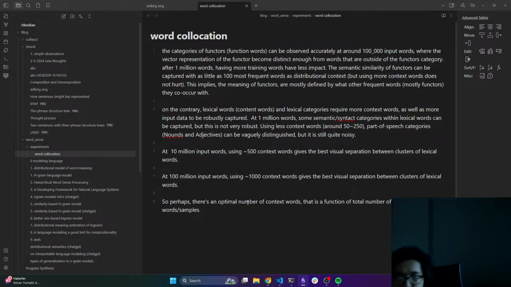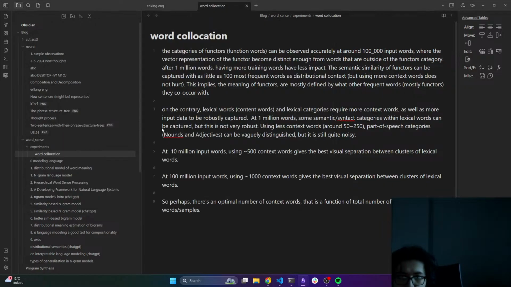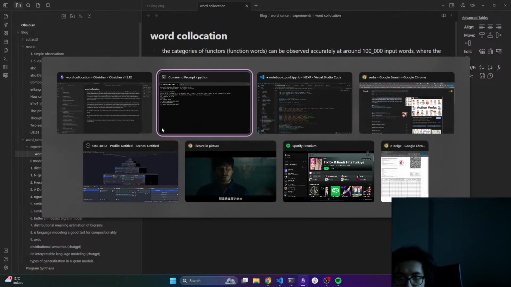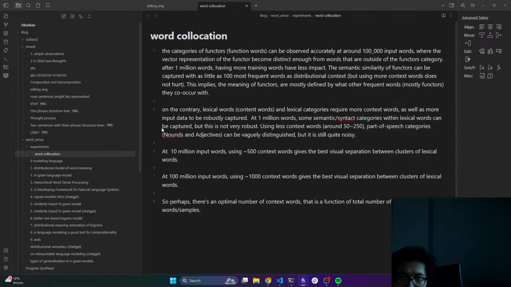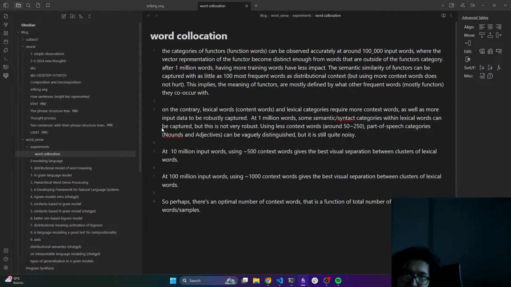Let's say for 100 million it is 500. So what's log 2 of 100 million? Let's say import math, math.log2 of 100 million is 26, and that's 2000. What does that even mean?